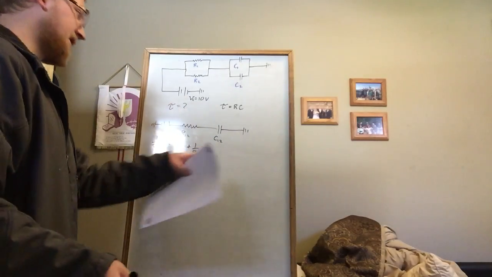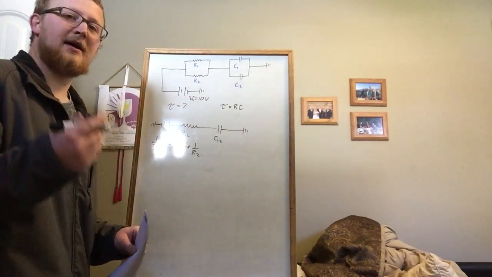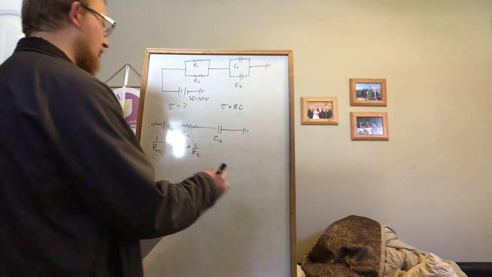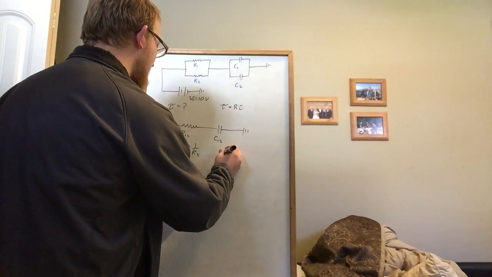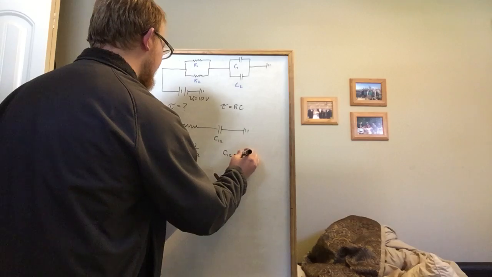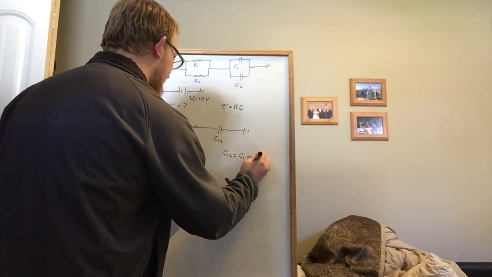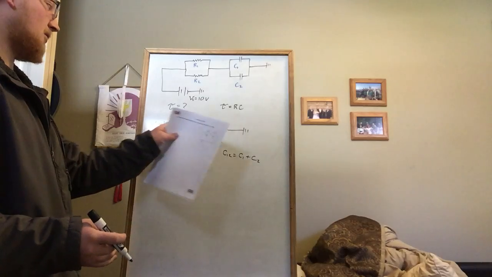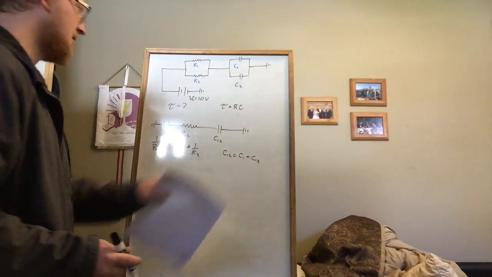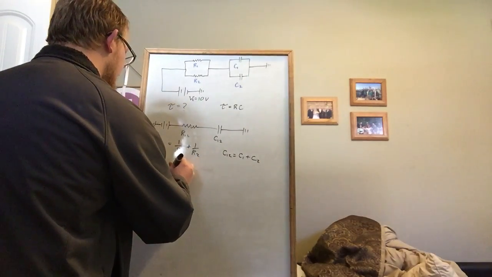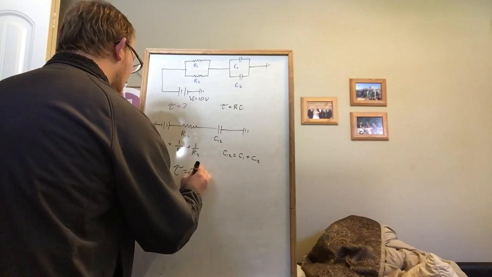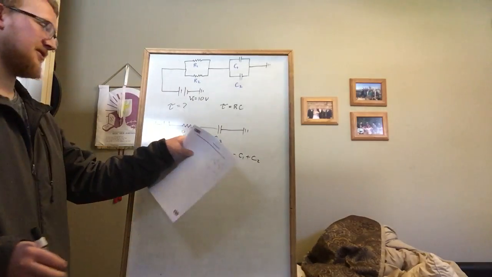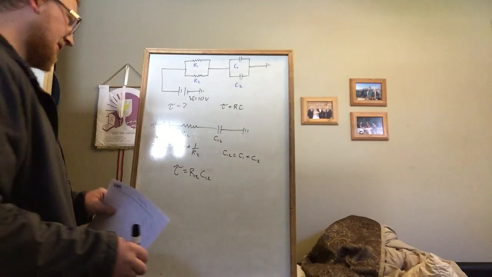And conversely, for capacitance in parallel we add capacitance in a summation form with no inverse. And so that means that C12 is simply going to be C1 plus C2. Alright, so if we did know R12 and C12, then tau for the circuit would equal R12 times C12, or the equivalent resistor and equivalent capacitor in the circuit.